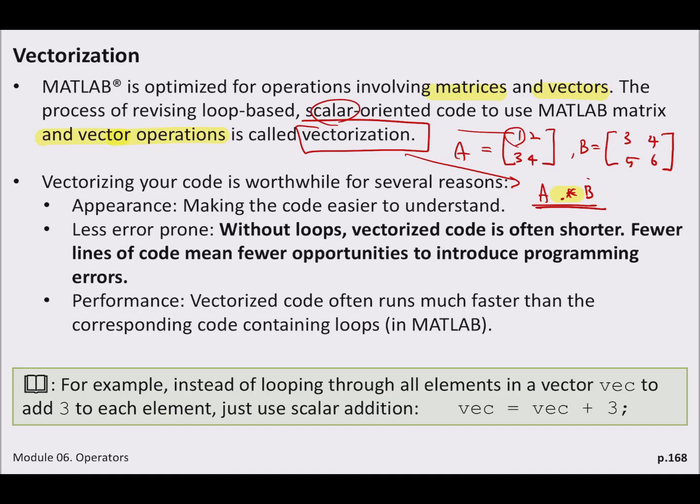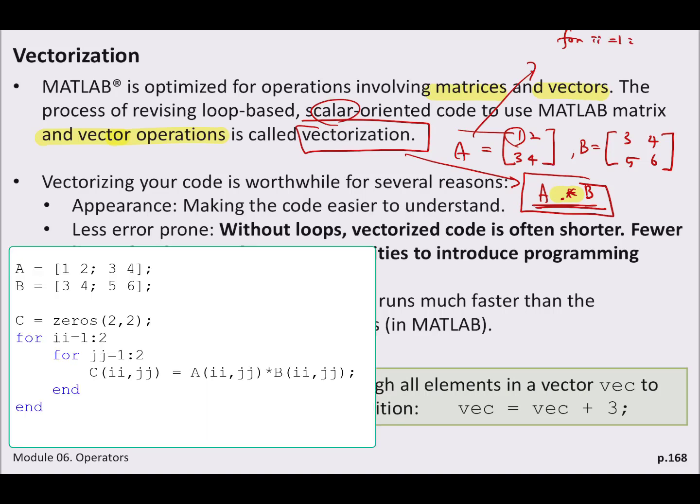Okay, take a look at this code. Rather than this one, for i, for j, C(i,j) equals A(i,j) times B(i,j), we need to do this process, right?